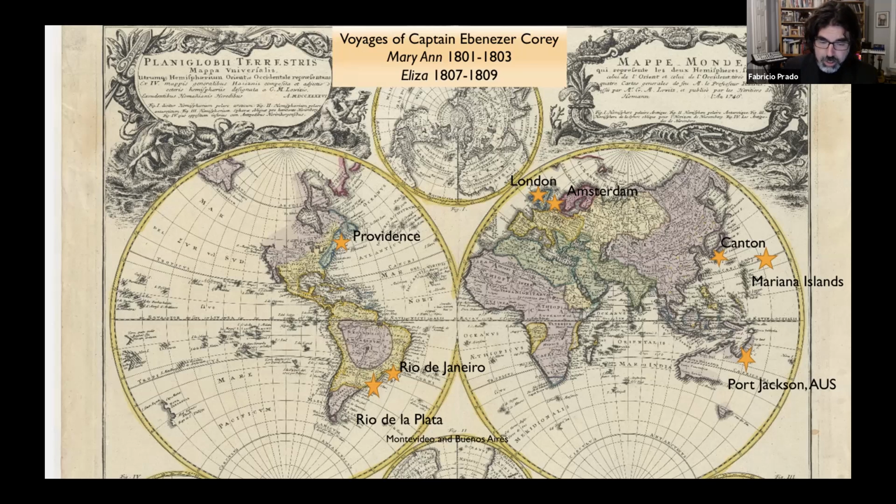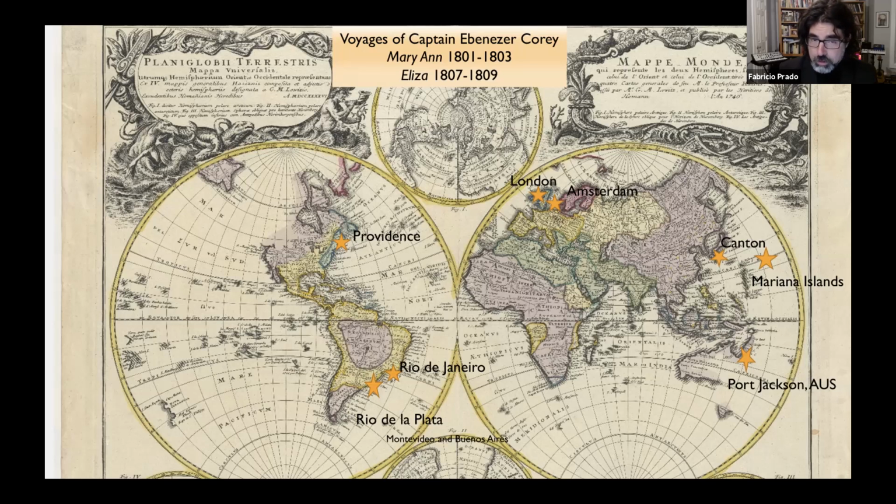So the Jenny turned Ebenezer Corey over to the Spanish authorities of the Mariana Islands, current day Guam, but back then a Spanish possession. So Corey was arrested by the Spaniards because he was charged with treason, or attacking literally the Spanish Empire, and he was put on a ship to go to the Philippines, where he would be tried.